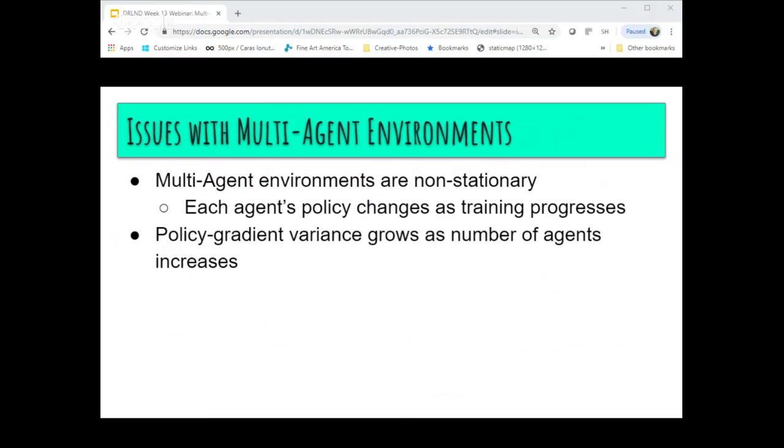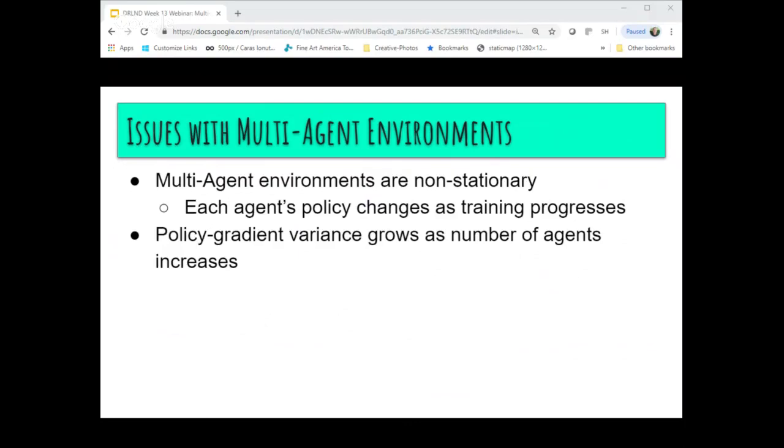But when you throw additional agents into the picture that are either competing with or even cooperating with the agent that's trying to learn, that makes the environment change as these other agents take their actions. It really complicates the first agent's ability to understand the environment and know what action would be best in a particular situation. And the actions of the other agents might change what action is appropriate, even with the same observations.